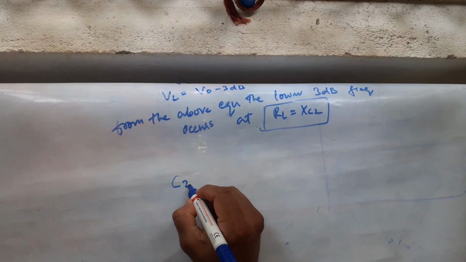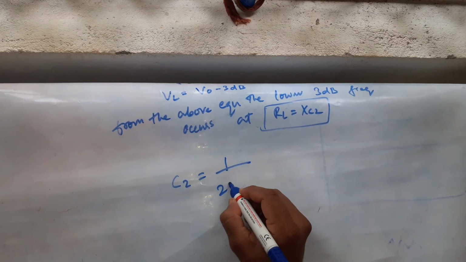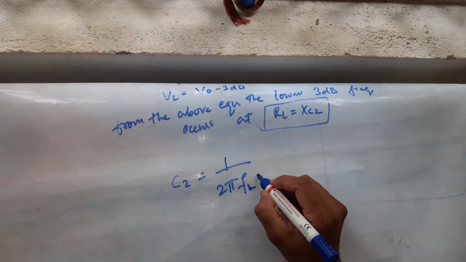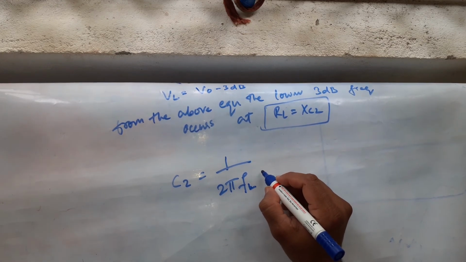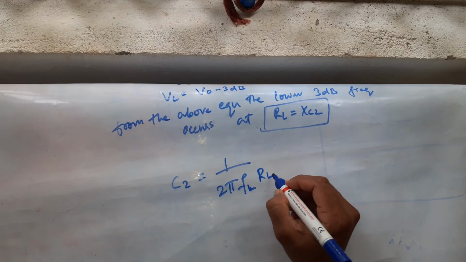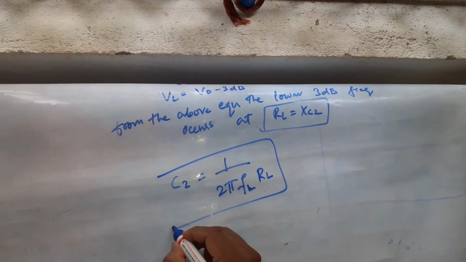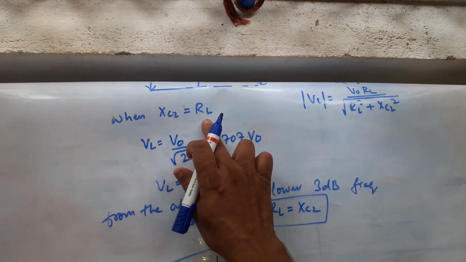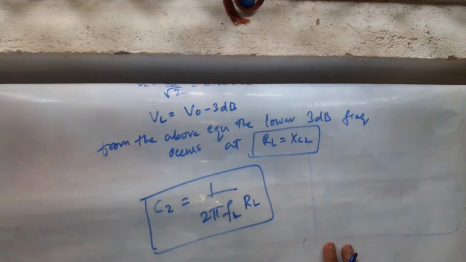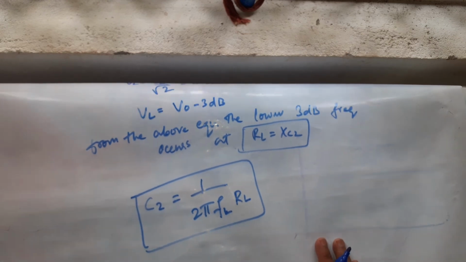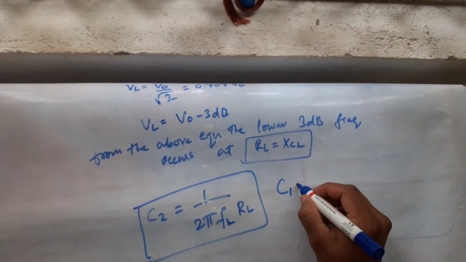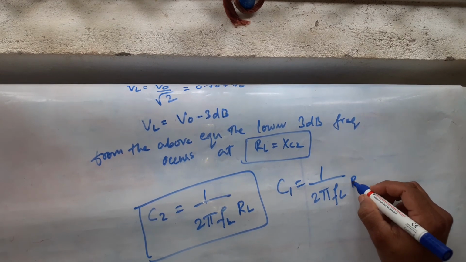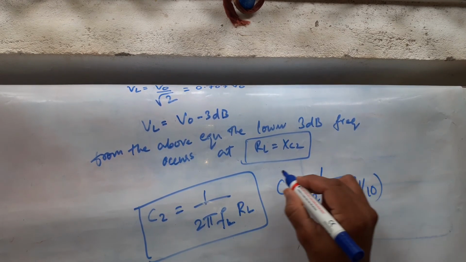So, C2 will become equal to 1 over 2 pi FL, and like last time it was R1 by 10, this time it is going to become only RL, because XC2 is equal to RL. So you have to remember this. This is C2. C1 is 1 over 2 pi FL R1 by 10.